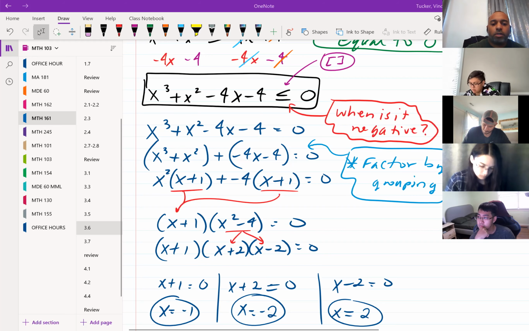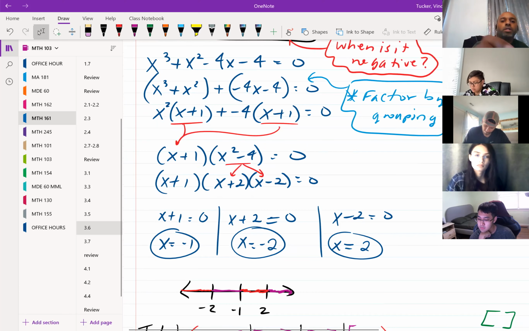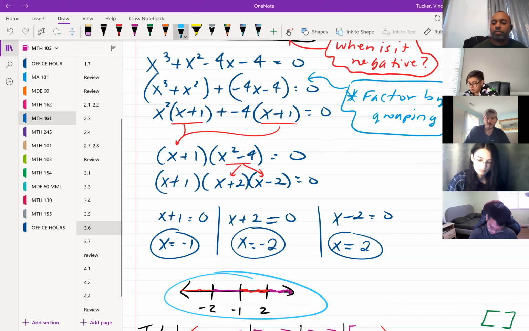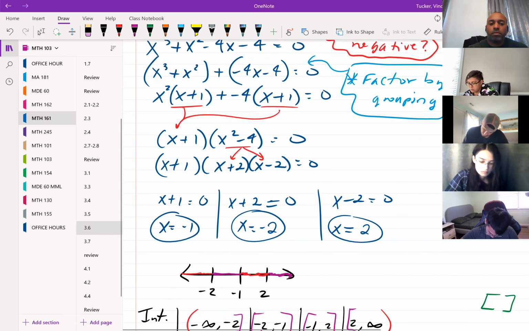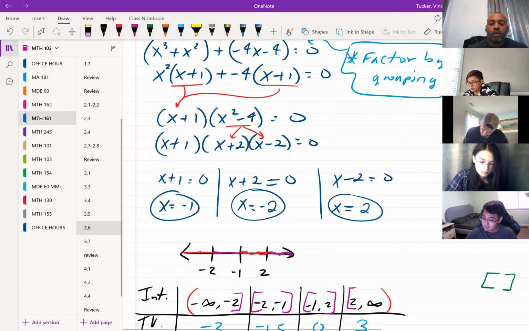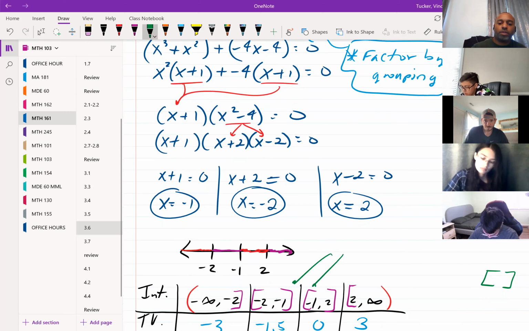All right, so here are our intervals, -2, -1, 2. And this time, because it's or equal to, we're going to use brackets here instead of parentheses.